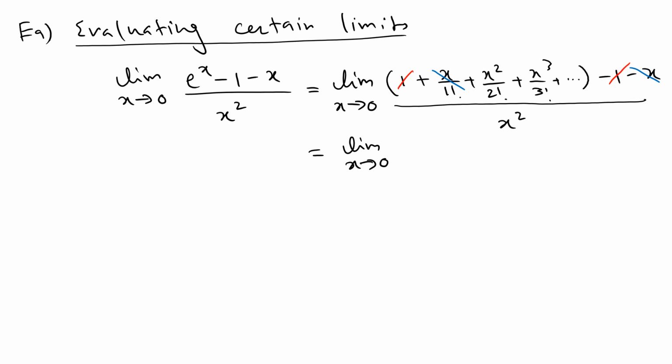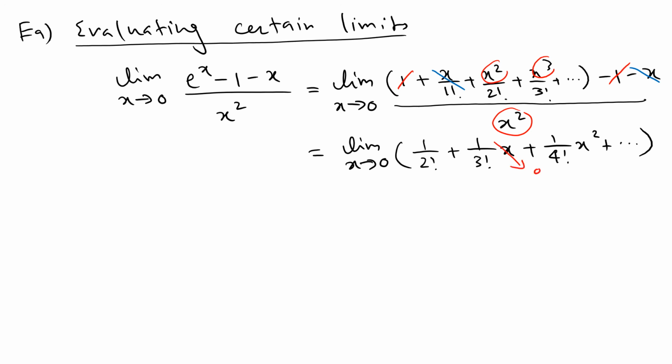If you remove the x squared term, from the first term you get 1 over factorial 2. The next one, you get 1 over factorial 3 with only one x term. The next one, you get factorial 4 with an x squared term, like that. But what happens when x goes to 0? All those terms go to 0. That means you get 1 over factorial 2, which is 1/2. So that's how you can use this Taylor Maclaurin series to find certain limits.